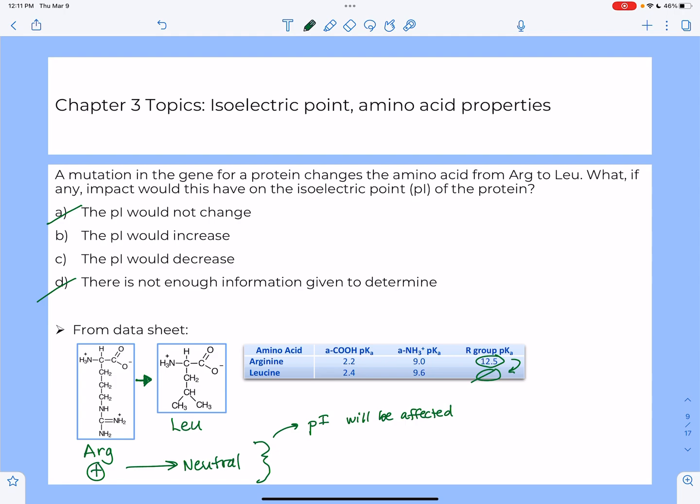Okay. So let's look at what that pKa value is. So the pKa value is 12.5. Okay. So we've changed from a group with a very high pKa to a neutral side chain.